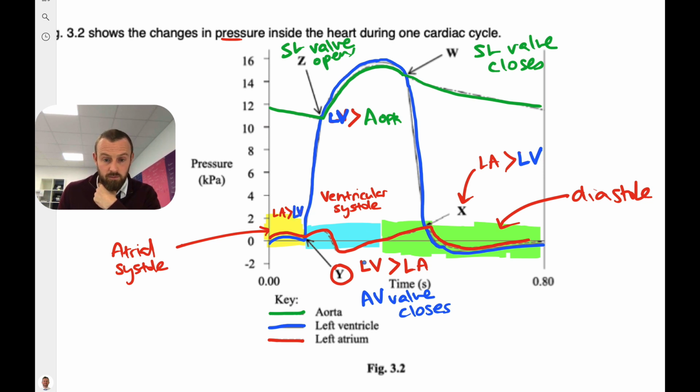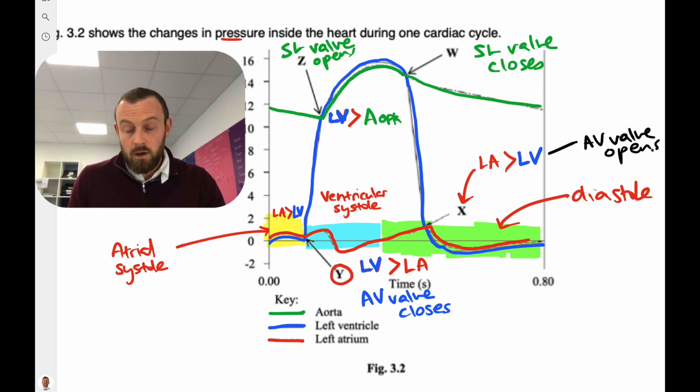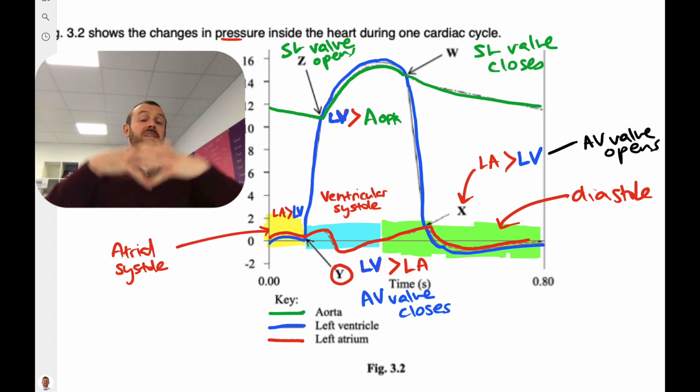Oh no, this one should be blue down here. Right, good stuff. So now the left atrium is above the left ventricle, which means that the AV valve opens.